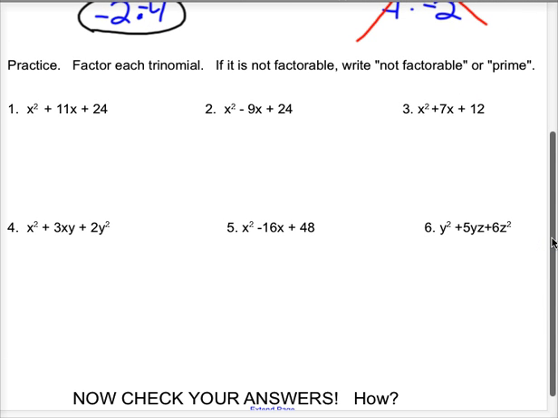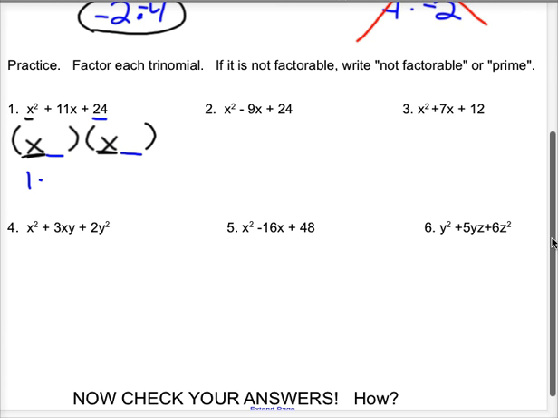We just have a couple more examples that I want to look through with you before wrapping this up. So factoring each of these. Again, we're always looking for our parentheses. The x squared is coming from these two. So x times x is going to give us that x squared. That's the beauty of today. That's always the same. We also need these two to multiply to give us that 24.